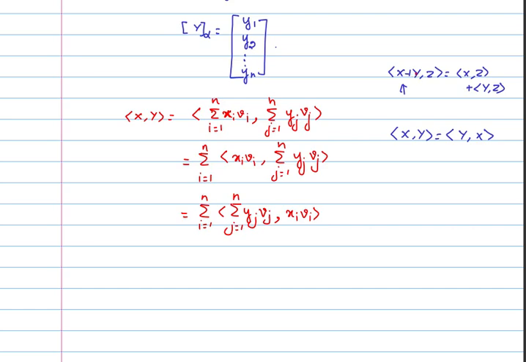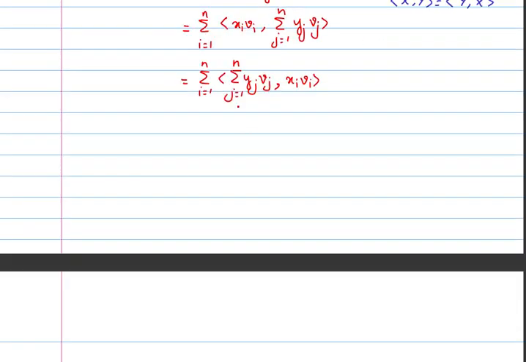Using the same property again, since the inner product is always linear in the first argument, summation i equal to 1 to n, summation j equal to 1 to n, you can write it as yj times vj comma xi times vi.